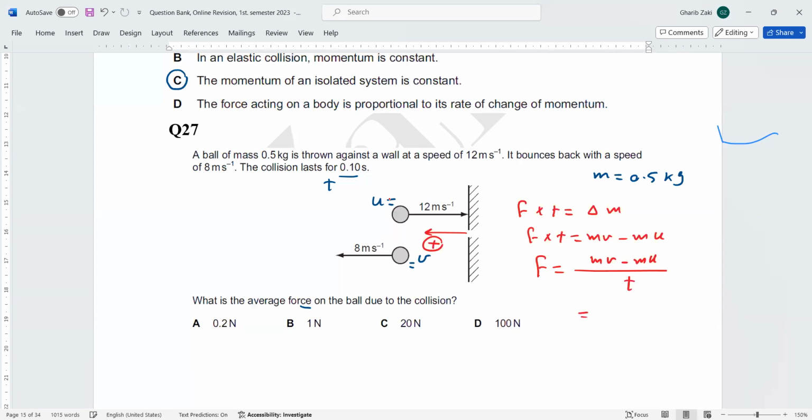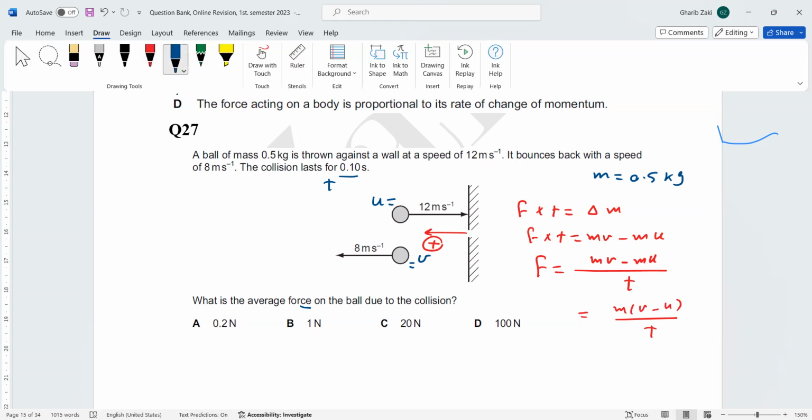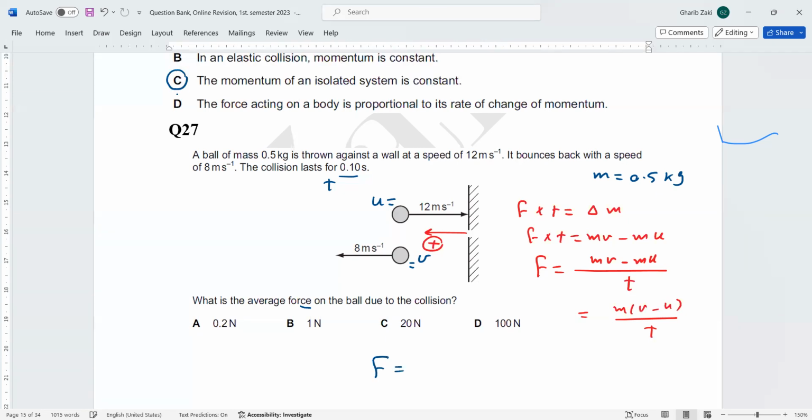We can take m as a common factor, so it's m(v minus u) over t. Now we need to get the force. The mass already given is 0.5. The final velocity is 8, and u is in the opposite direction, so it's negative 12, over the time 0.20. When we use the calculator, the answer becomes 100 Newton.